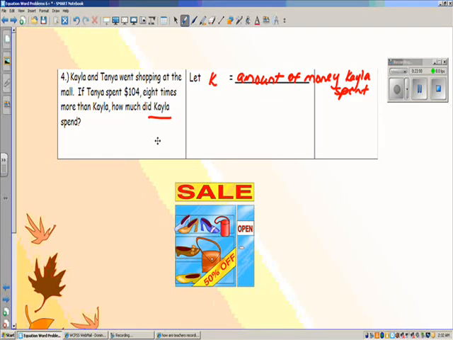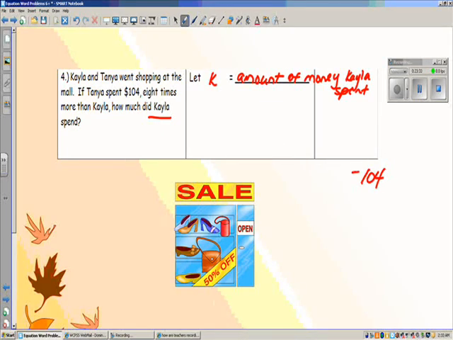Okay, so Kayla and Tanya went shopping. Tanya spent $104, which is 8 times more than Kayla. We want to know how much did Kayla spend. Alright, let's start by representing what we know, which is that Tanya spent $104.